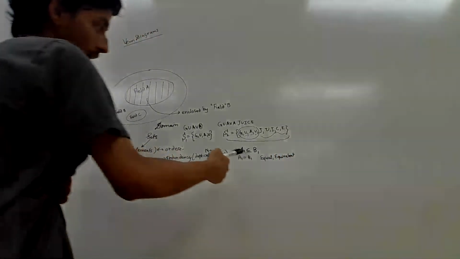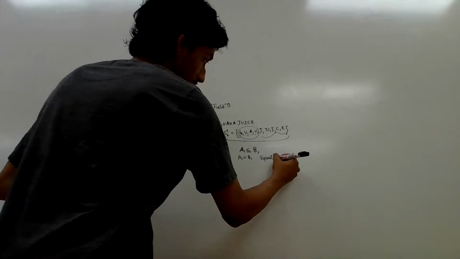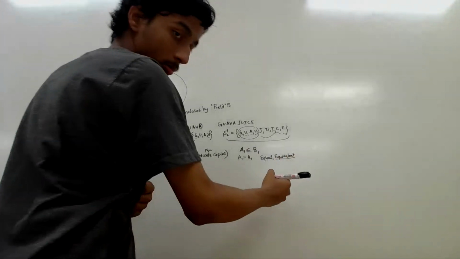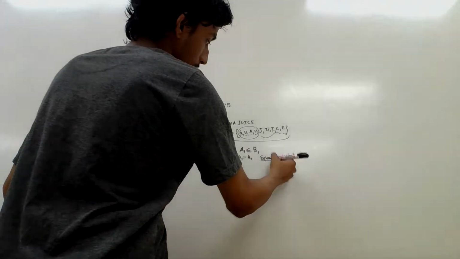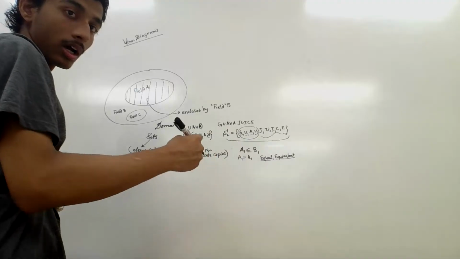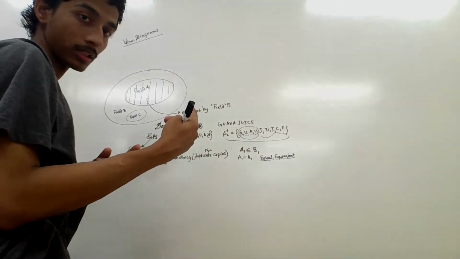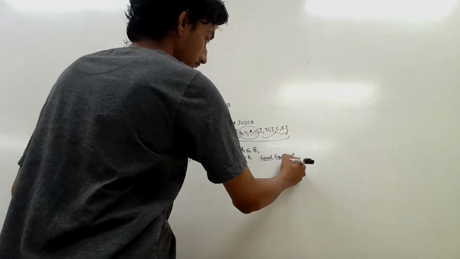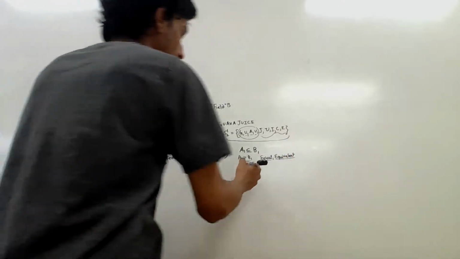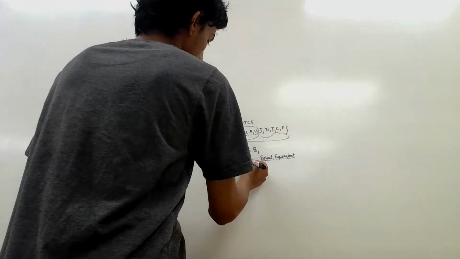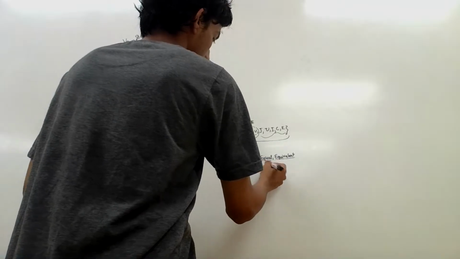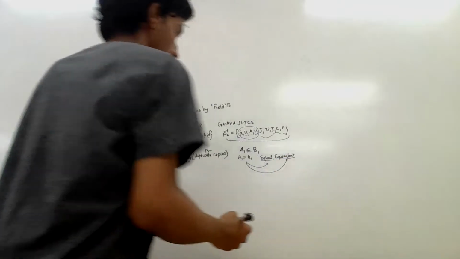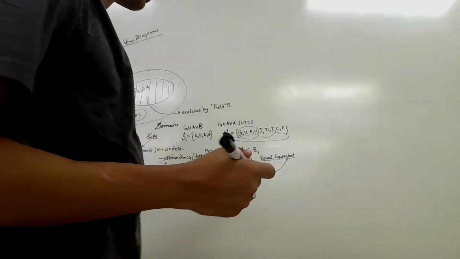Equal basically means that the number of elements is the same, and the elements are also the same. The equivalent is where only the number of elements is the same. So A1 is equal to B1 can mean both of these. You have to specify which one it is.